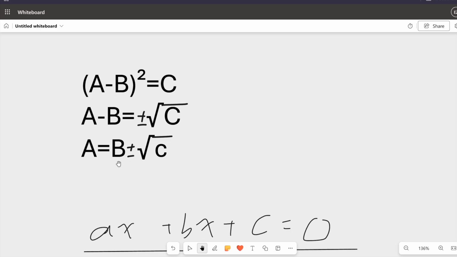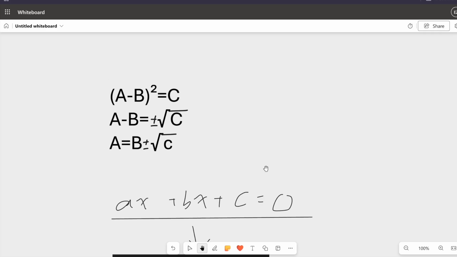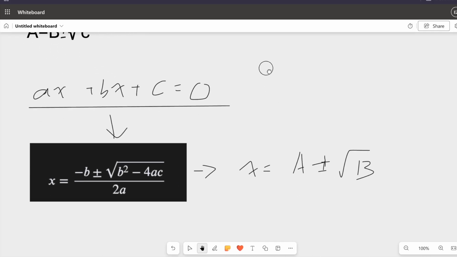We receive a equals b plus or minus square root c. And this process is exactly the same we do for the famous quadratic formula. And eventually we receive a square root. We receive a root in the form of x equals a plus or minus square root b.